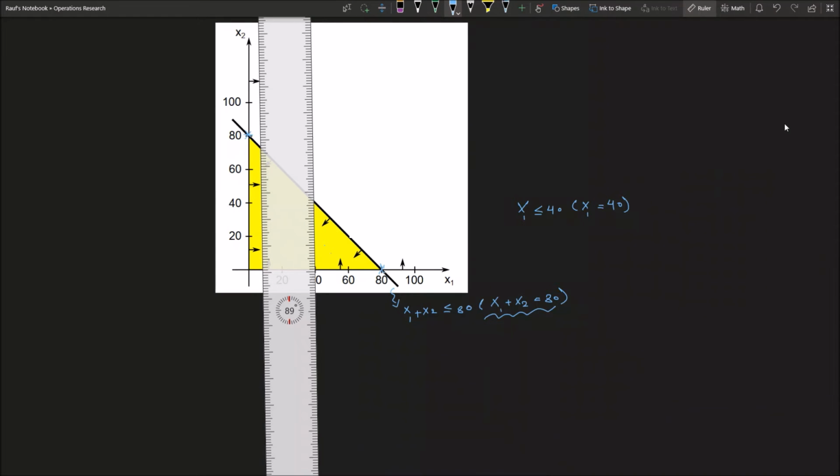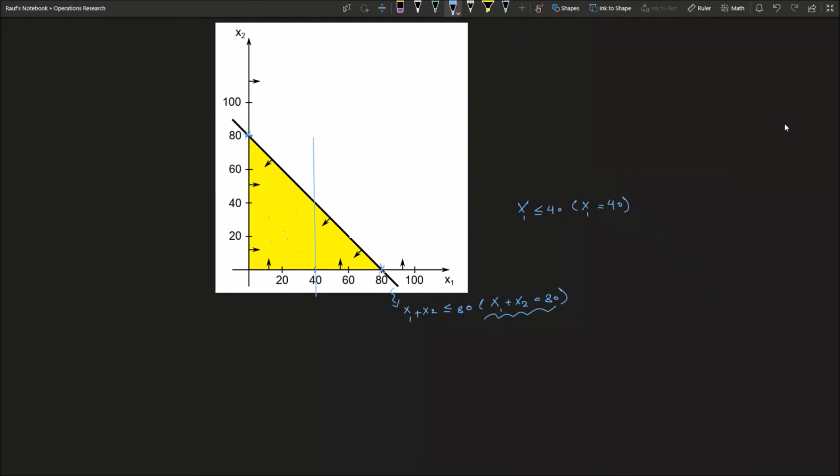Let's draw a straight line parallel to the y-axis, and that represents x1 less or equal to 40, which can be said as the line equation x1 equals 40.